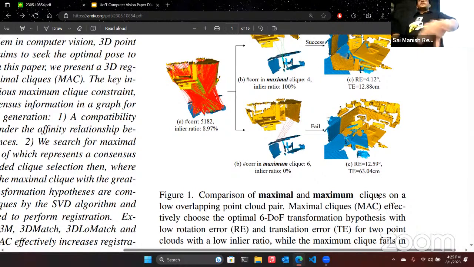When we find out the selection process for the maximal cliques, we'll talk about why maximal cliques have a better ratio of rotational error. It also has to do with the localization factor, because the maximum peaks don't really have much localization, but in this we consider the local area and the background much more in the maximum peaks.